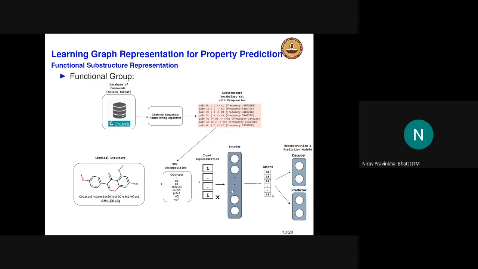We use it to learn this latent variable, and using this latent variable and the property, which is the label data, we build a regression model. Whenever you give me a new chemical structure, I will pass it through this encoder, get the latent representation for that chemical structure, and use the model I have built to predict the property.